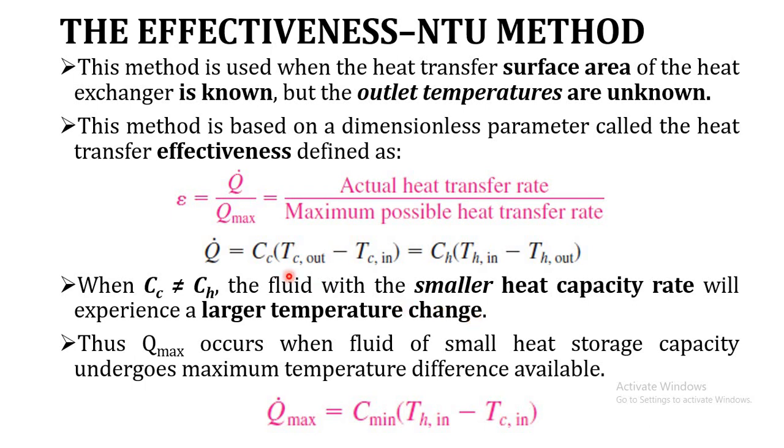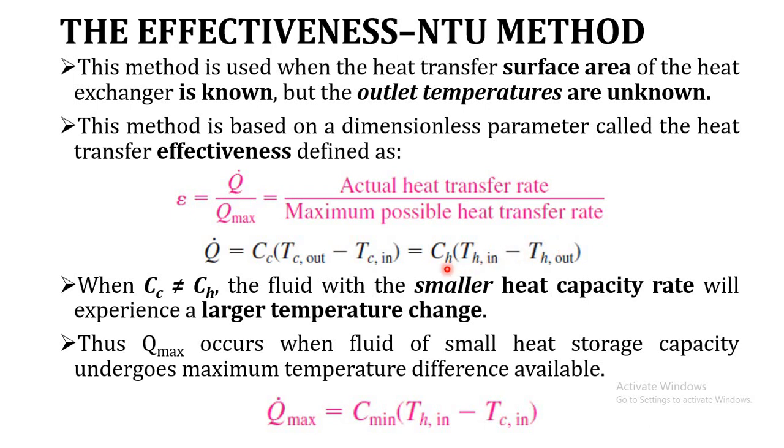You can see from this equation, if Cc is less than Ch, then the quantity Tc out minus Tc in is higher than the other.